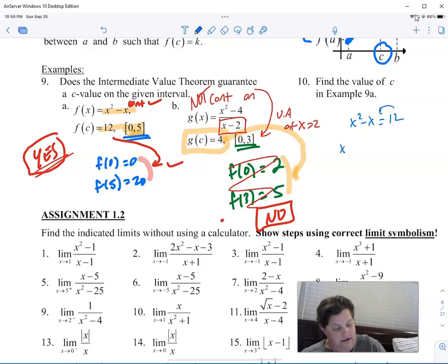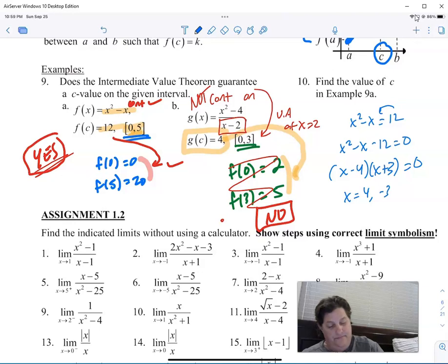If I subtract that over, I get x squared minus x minus 12 equals 0, which factors as x minus 4 times x plus 3. So it equals 12 at 4 and negative 3. But again, it has to be between 0 and 5. So 4 is my correct answer, not negative 3. That's the intermediate value theorem. We will go over that a little bit more.